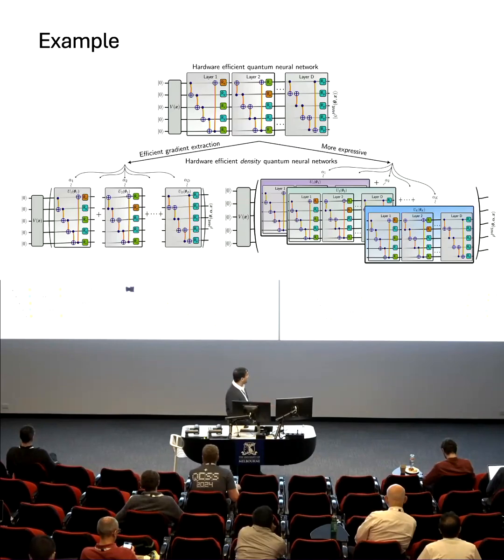So you already have that functionality. But you might say that I'm okay with paying a little more price, and I'm okay with the gradient complexity of what the model already was. What you could do there is make it more expressive by adding multiple such models and combining them in a density framework to enhance your expressivity.